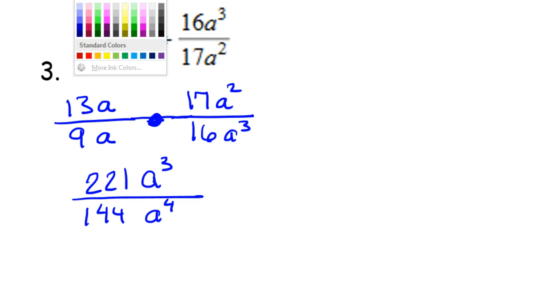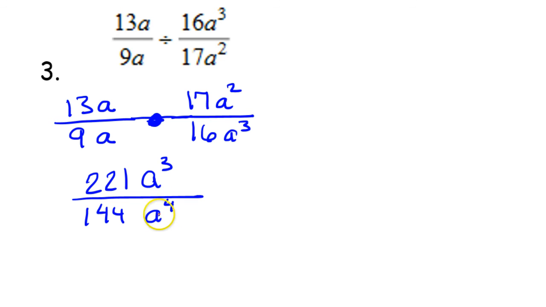Now, real quick, before I start canceling things out, notice that a cannot equal 0. This is just a monomial. If a were 0, then I'd have 0 to the fourth power, which is 0. 0 times 144 is 0. And you can't divide by 0. And that's true no matter where you look.